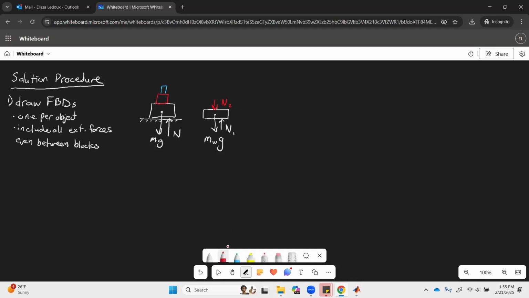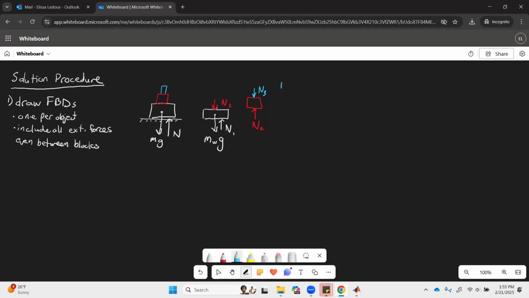So if we have normal force 2 pushing down, then that means that on this red block, we will also have an equal and opposite force pushing up. And then we will have the force from the blue block, and we'll call this one N3, pushing down there.